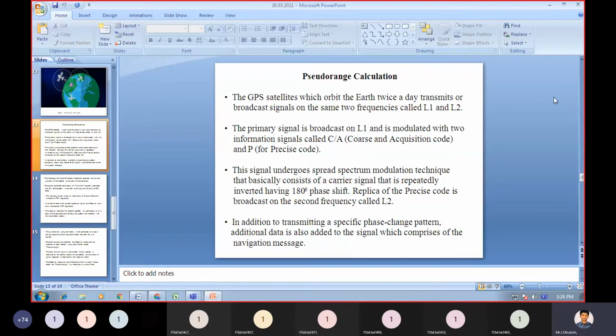The replica of the precise code is broadcast on the second frequency called L2.